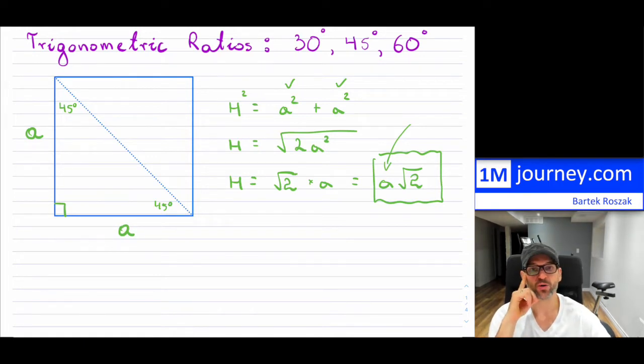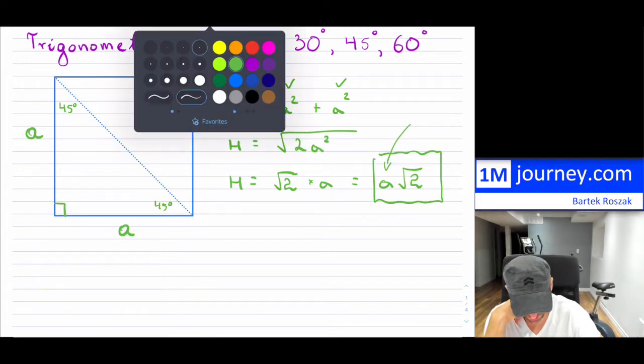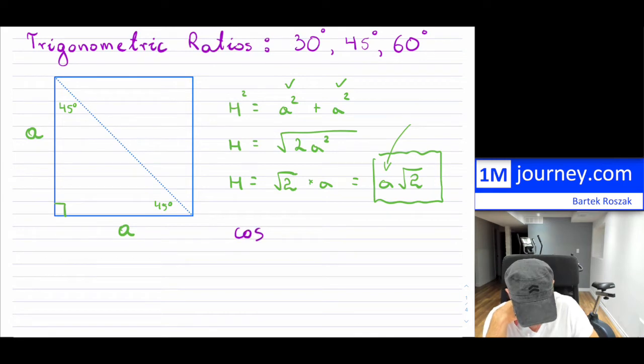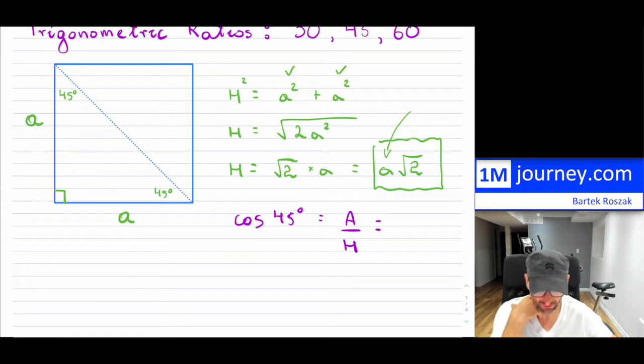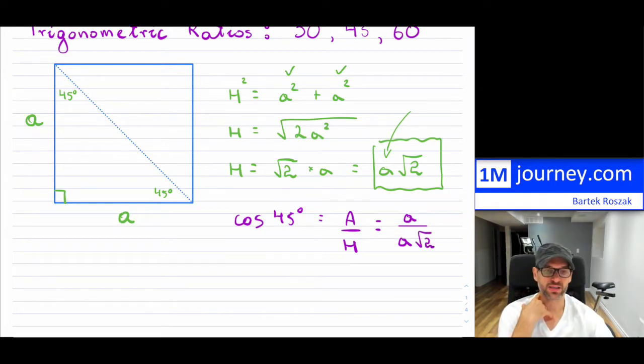Now if I try to find my trigonometric ratios for this 45, take for instance cos of 45 degrees. You know that this is simply adjacent over hypotenuse. But what does this equal when it's 45? My adjacent, and it doesn't matter which side you pick because they're both 45 degrees, is just a, the length of my side, divided by the hypotenuse, which is a times the square root of 2.